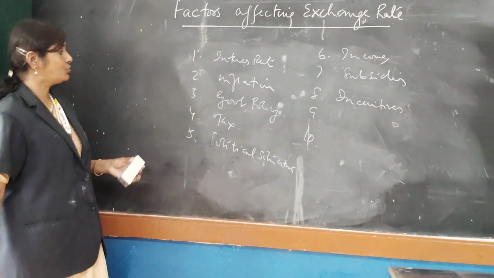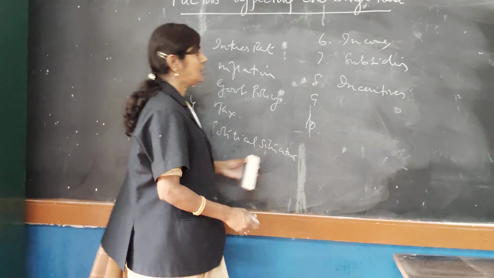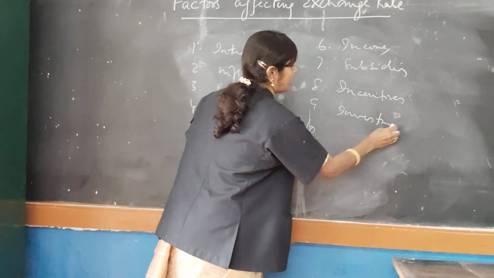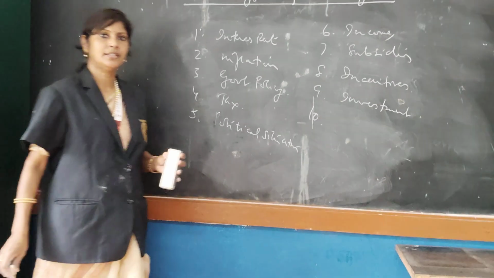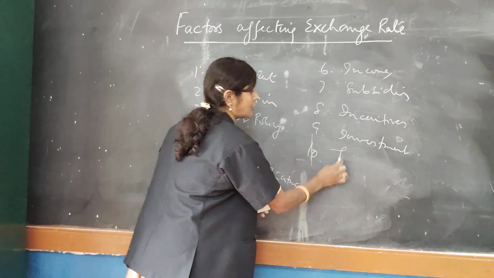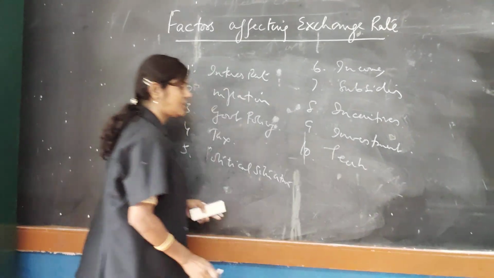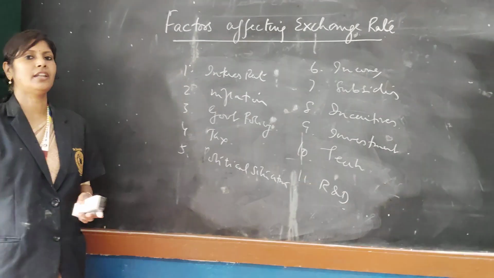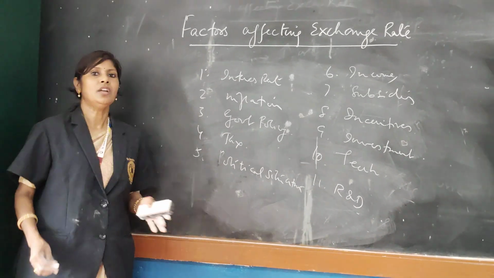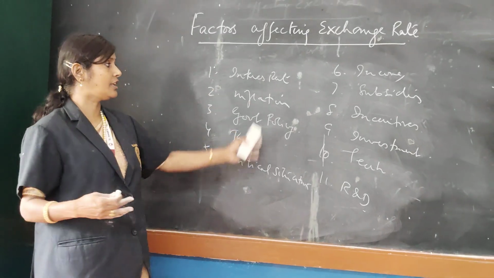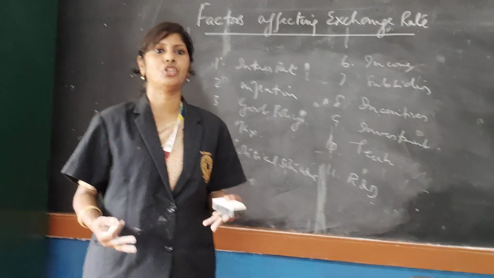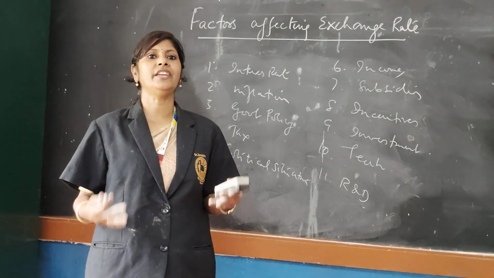Then the FDI investment part I have mentioned to you, right? And then the technology I have mentioned to you, and I have also mentioned R&D, right? So these are the 11, and you have to talk in terms of whether an increase or decrease of such factors, how it appreciates or depreciates the exchange rate.